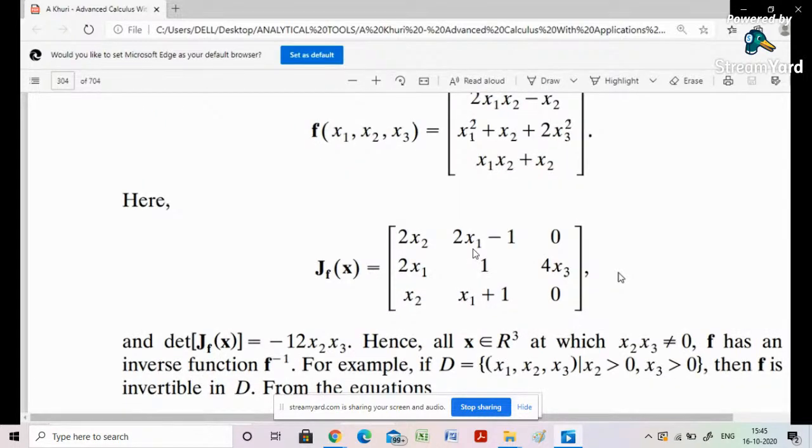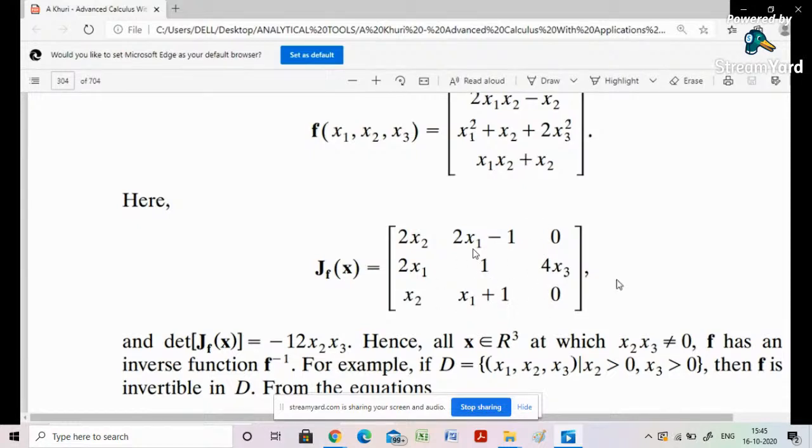Hence Jf of x naught, you can differentiate with partial: dou f1 by dou x1 is 2x1, dou f1 by dou x2 is 2x1 minus 1, dou f1 by dou x3, there is no x3 here, so we will have 0. Likewise you can find all the partial derivatives.